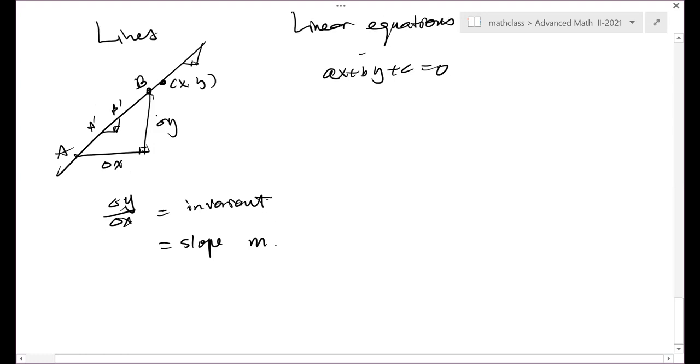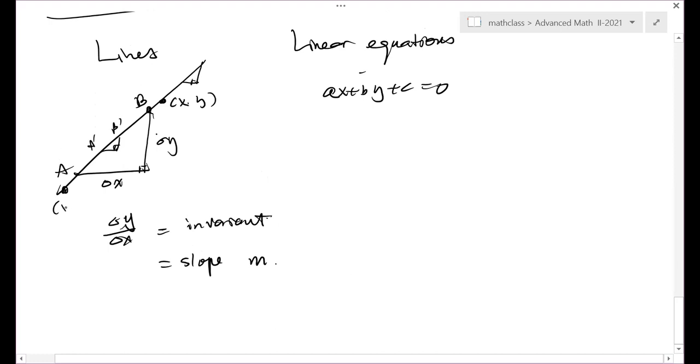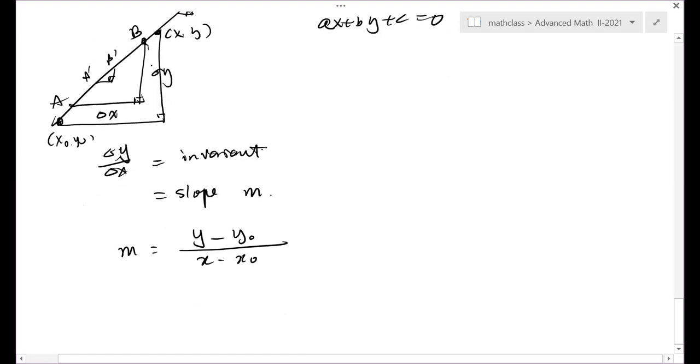I take an arbitrary point, x naught, y naught, then I draw another triangle. So the slope can be calculated in this form, the difference of y coordinates over the difference of x coordinates, because we know this is an invariant ratio. Then the coordinates of an arbitrary point on the line will be determined by this equation. So now you can write another form.